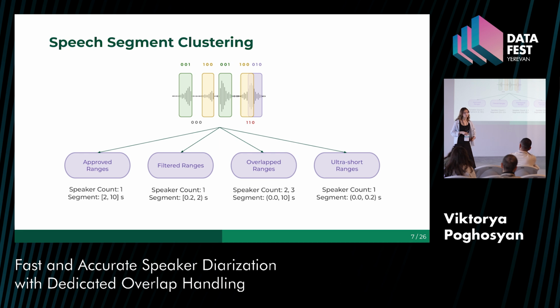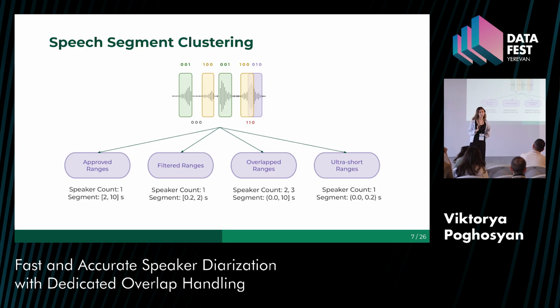You know that this is the speaker? No, it is called approved for the reason that later we extract the 2-second identifier only from those ranges, not from the other ranges. Just its parameter name is approved.